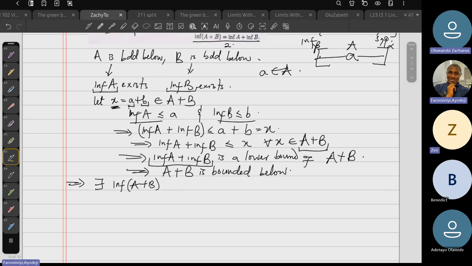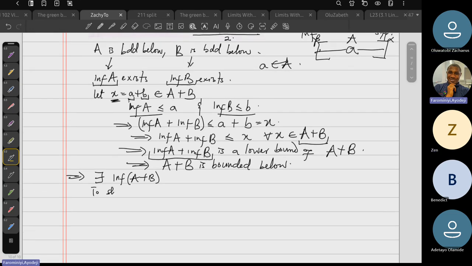Sir, I have a question. That line you underlined, that the infimum of A plus the infimum of B is a lower bound of A plus B. Let's say it is the upper bound.